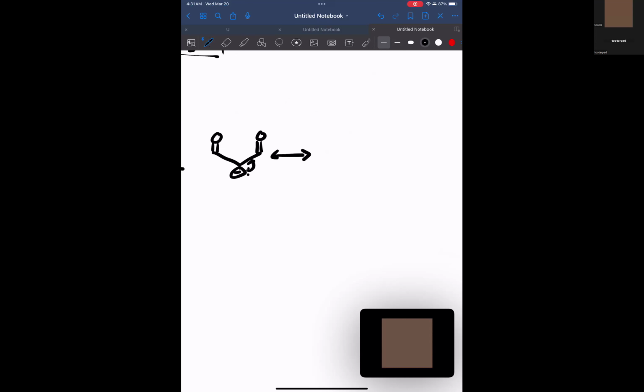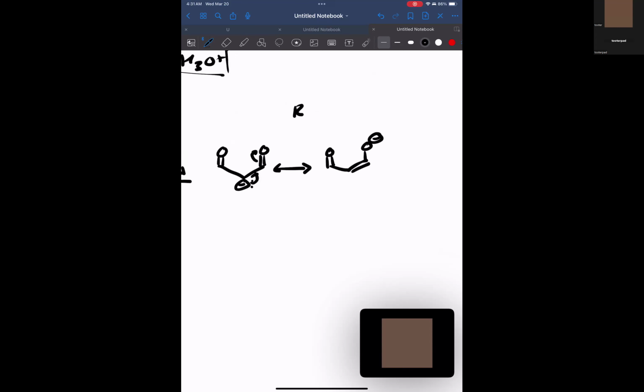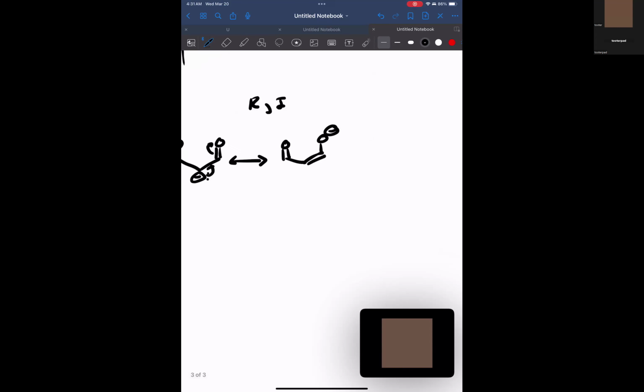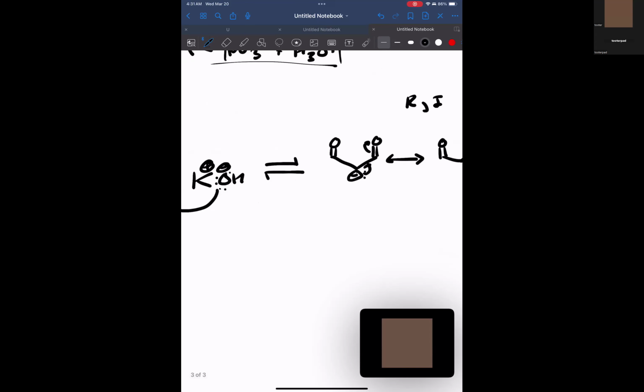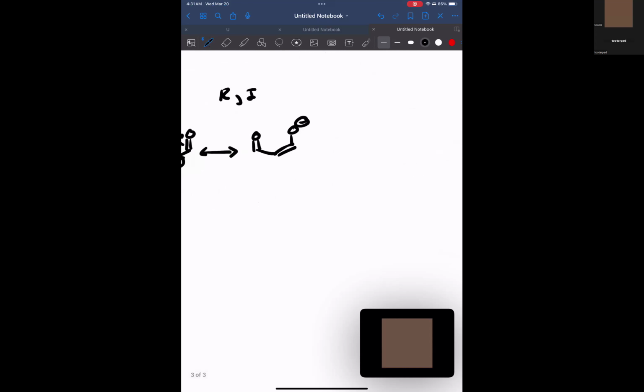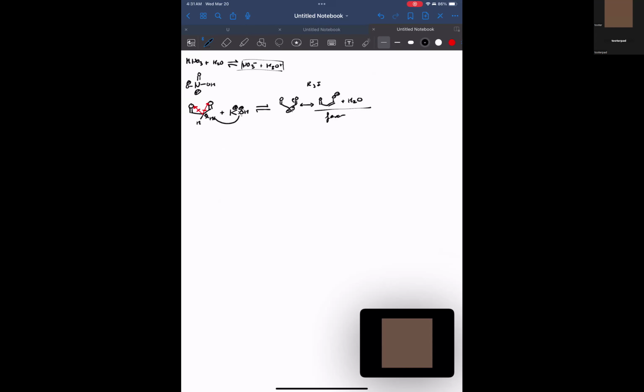So we can resonate it up to this oxygen here, or the other one, whichever you choose, to make this right here. Because of that, we have resonance and induction, right? Which is clearly a lot more acidic than KOH, which is a strong base. So therefore, it will favor the product side again.